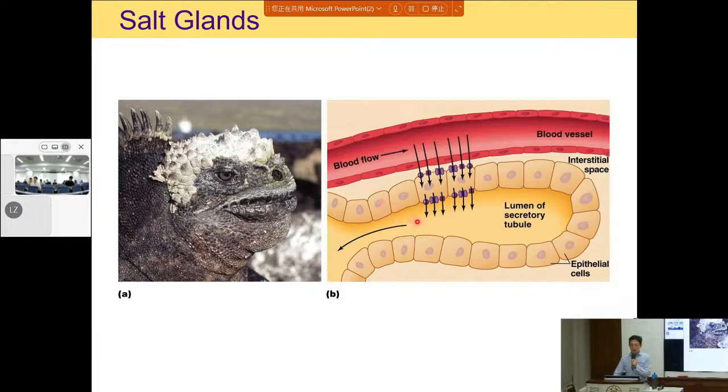The epithelial cells express a special transporter which can transport the sodium and the chloride to the lumen of the secretory tube. Then the excess salt can be excreted outside of the body. So that is the way they evolved to adapt to the seawater environment.